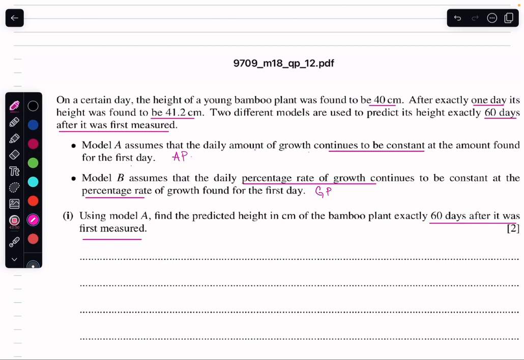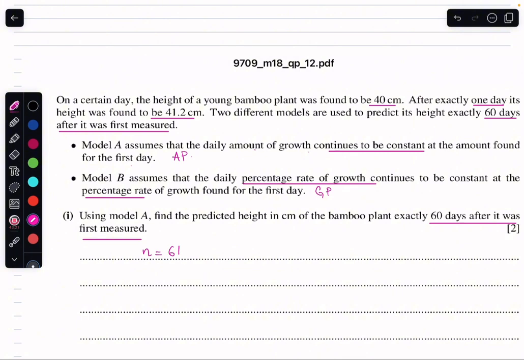So that gives me the total number of days here, which shall be equal to 61. Exactly 60 days after the first day that it was measured, that means the first day needs to be inclusive, that is the first day plus another 60 days, giving me the n value as 61.